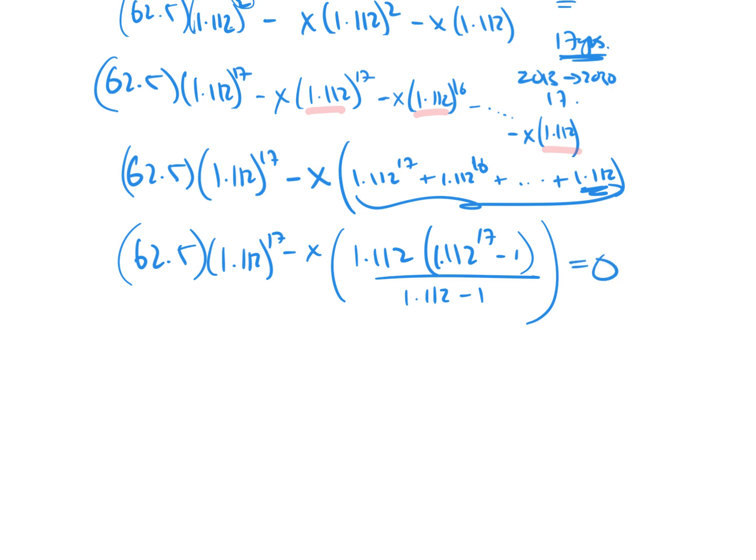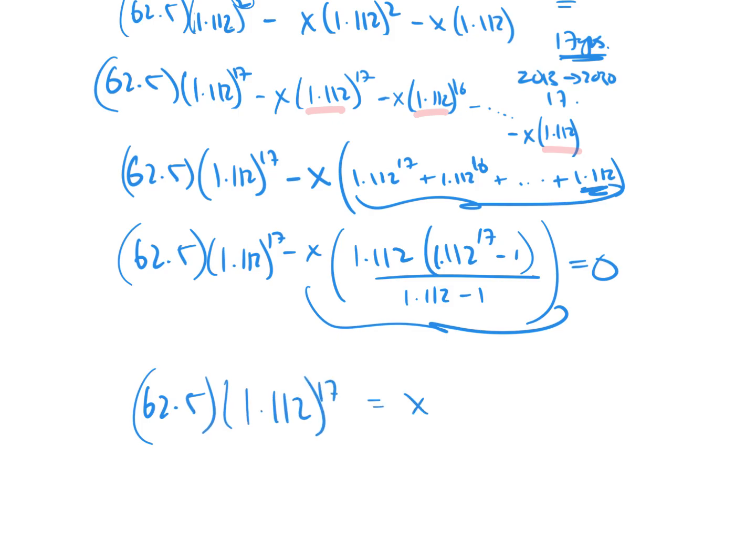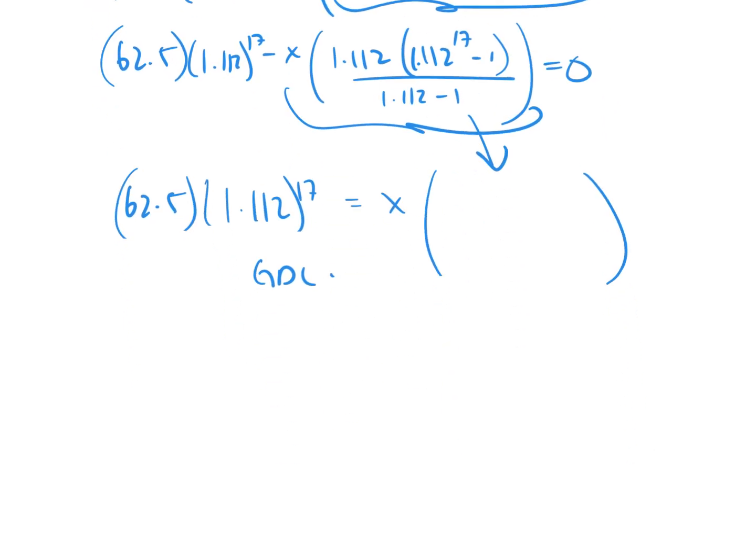And so if I take this bit and move it over, I get 62.5 times 1.112 to the 17th equal to x, and this whole value goes here. I can use my GDC to solve for x, and you'll get the x value should be 7.53 meters squared.